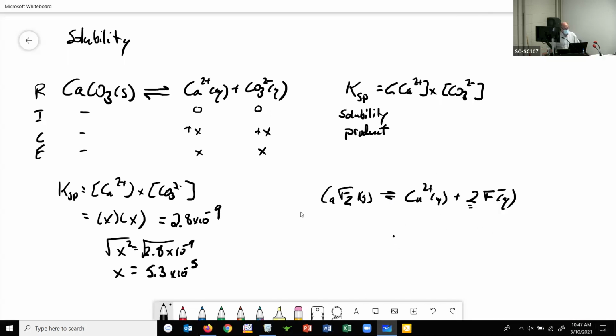It's going to show up both in the RICE table as twice as many ions, and then it's going to show up in the equilibrium expression, which has that square term. It shows up twice.